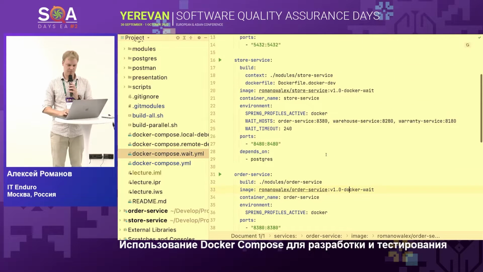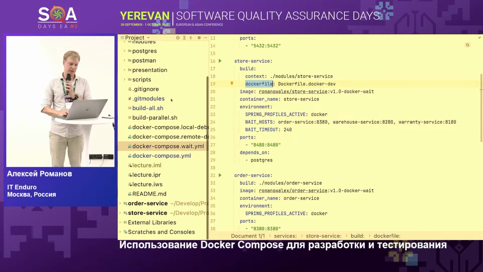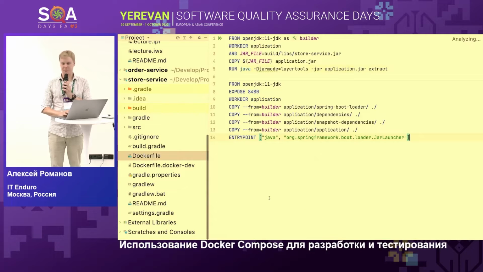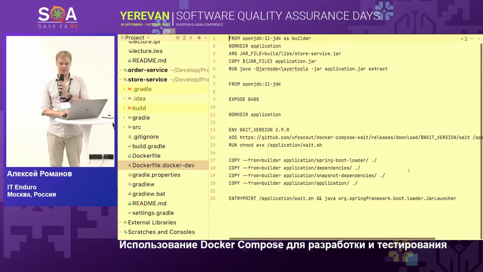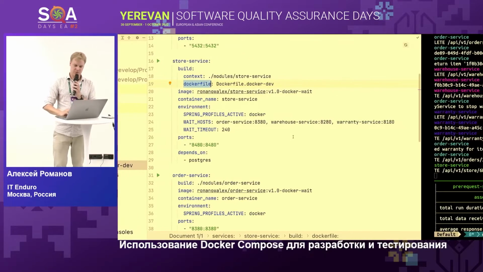Let's take store service, which will wait for the order service, warehouse service, and warranty service. And since our Dockerfile is a little bit different, there are two Dockerfiles. One Dockerfile is for demonstration of this waiting by the utility.